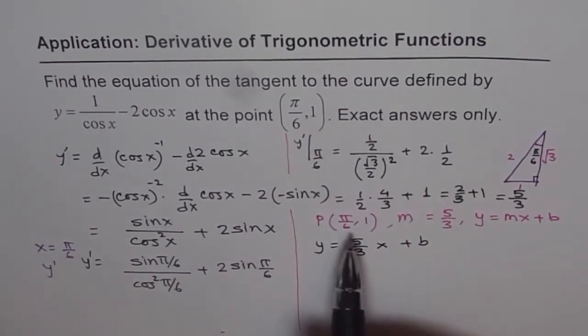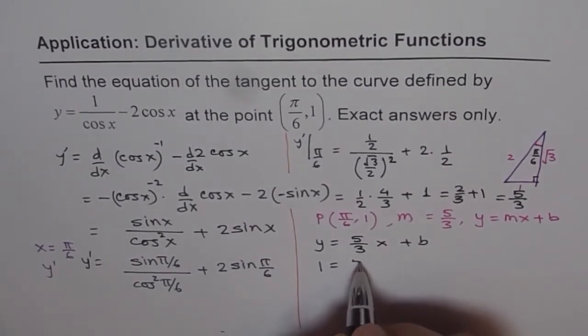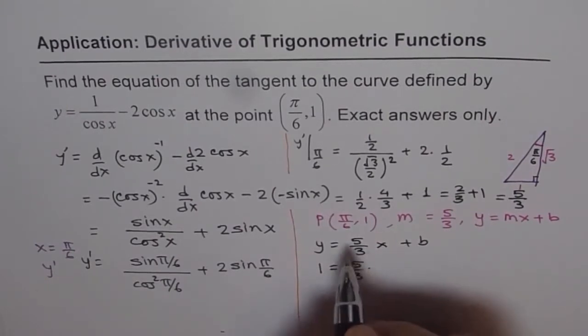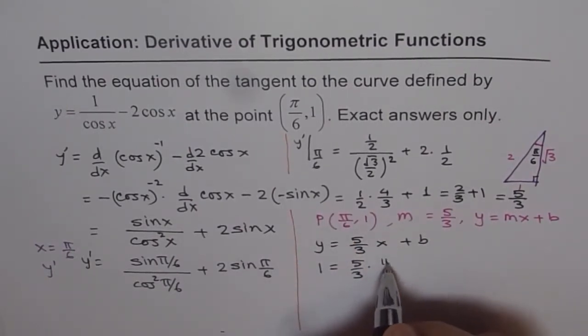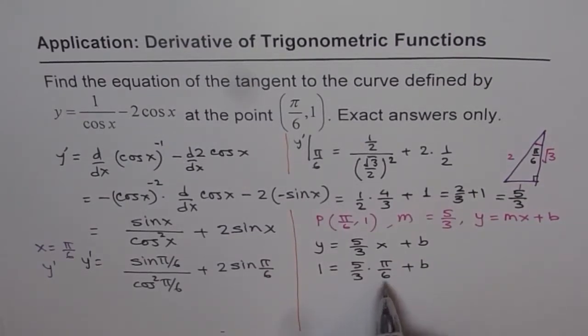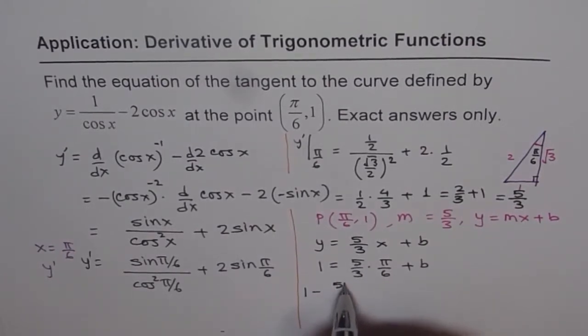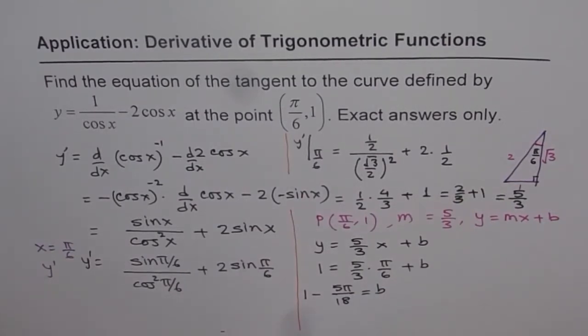We substitute the given point and find what b is. The y value is 1, so 1 equals 5 over 3 times pi by 6, plus b. Now we can take it to the right side. Don't get scared with so many pi's here. b equals 1 minus 5 pi over 18. That is the value of b.